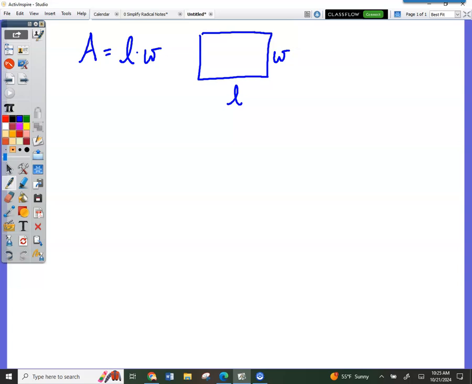So 1, 2, 3, 4, 5, 6, 7, 8. So if this is a 5 by 8 rug, what is the area of space it covers? 40 square feet, because I went by feet. So this is a 40 square foot area rug.